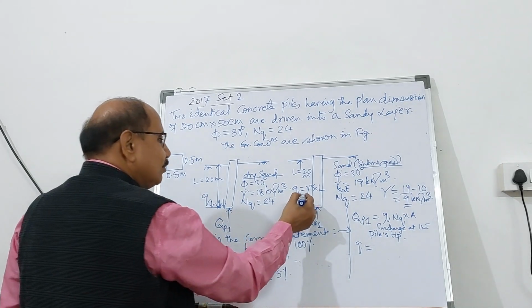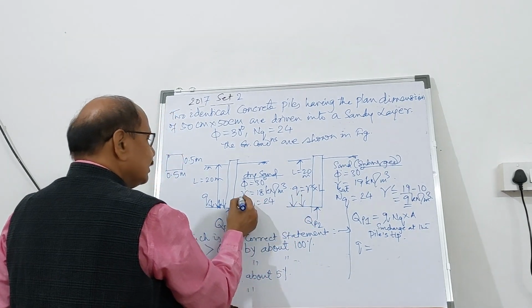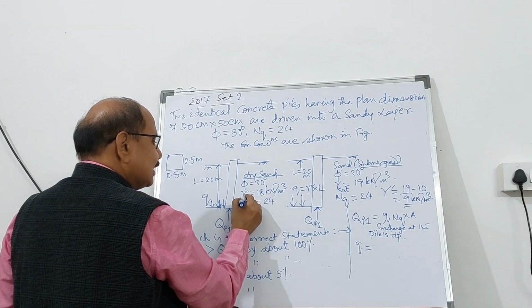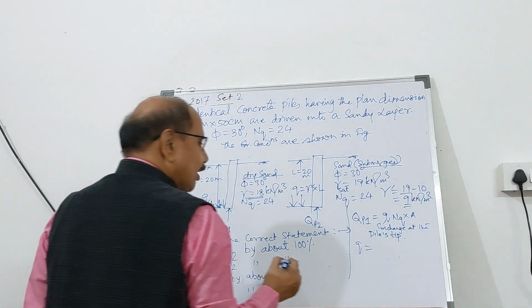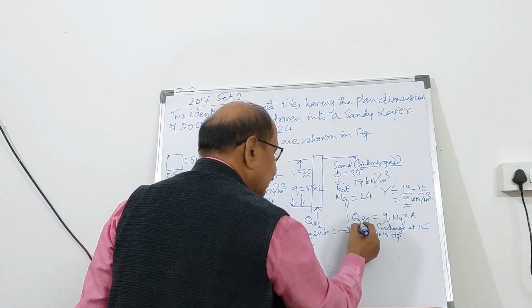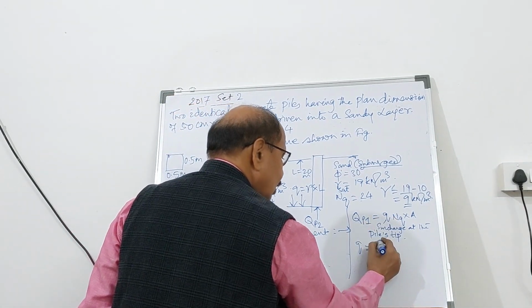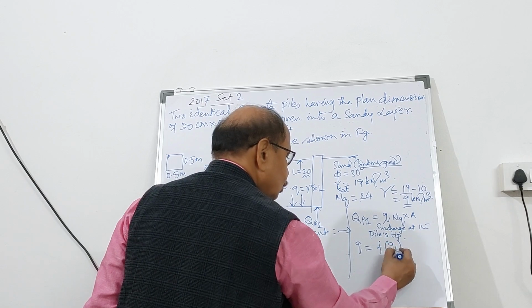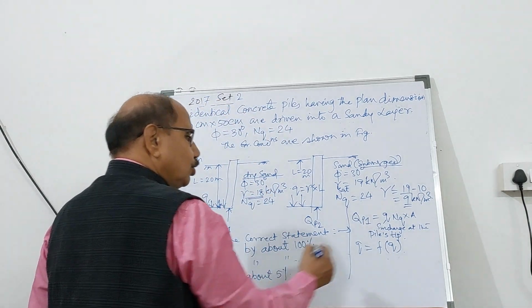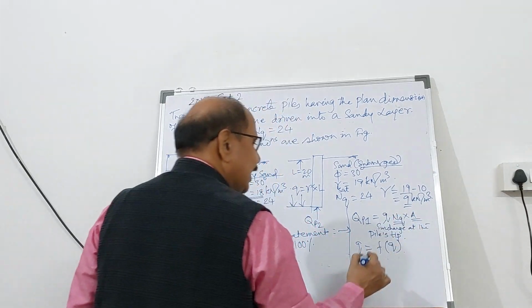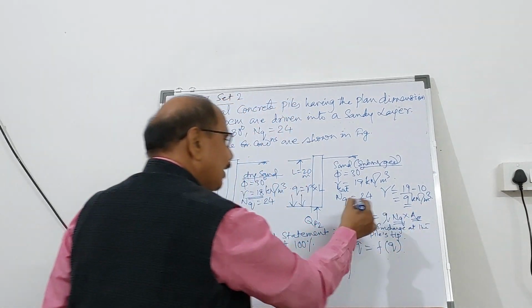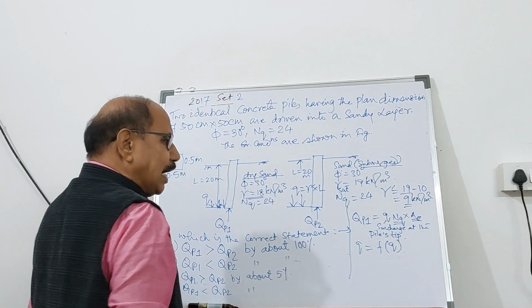So gamma prime here is just 9, whereas gamma here is 18. So the value of QP1 is the direct function of Q. NQ is same, 24, no change. Cross-sectional area at the end is same for both identical piles.